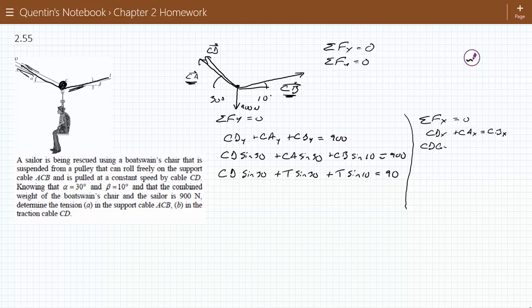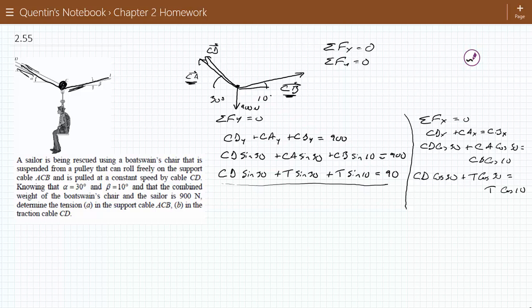CD times cosine of 30 plus CA cosine of 30 equals CB times cosine of 10. But as we just said, we're going to call CA and CB just T. So your other equation is CD cosine of 30 plus T cosine of 30 is equal to T cosine of 10.